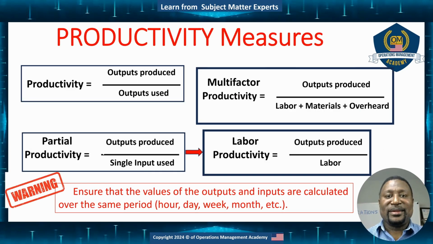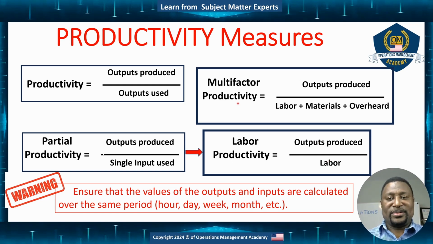So let's see productivity measures. How do you measure productivity? In general, productivity, mathematically speaking, is the ratio of output to input. For example, partial productivity will be the ratio of output to a single input. An example here is labor. Labor productivity is the output divided by the single input, labor.